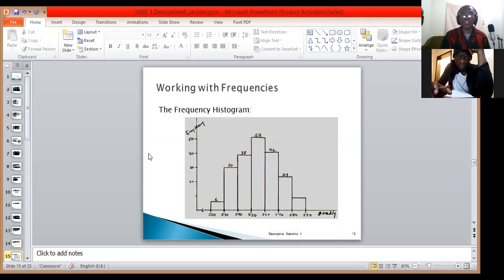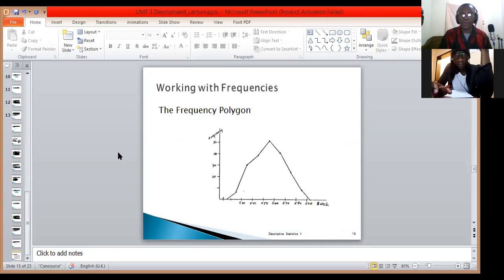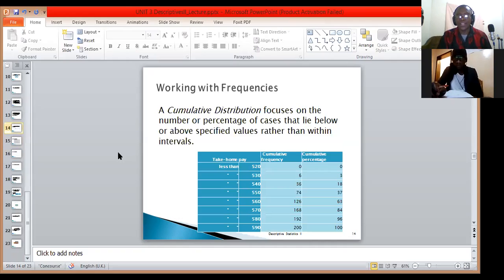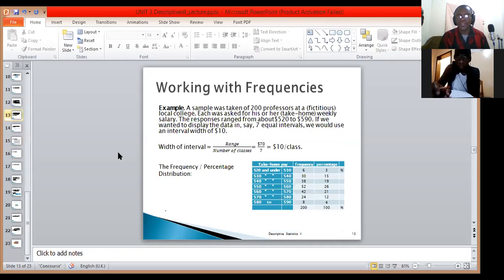Sometimes they may request you to draw a relative frequency histogram. We will also look at this one. This is a frequency. We were supposed to formulate a relative frequency.